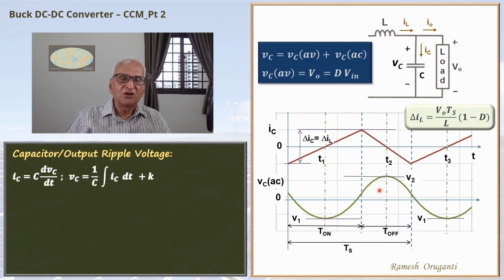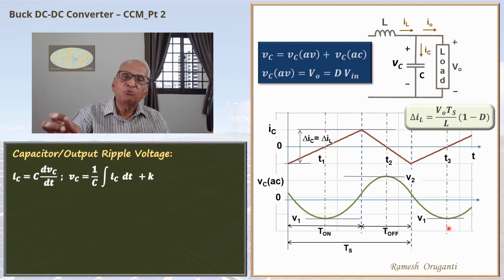At the end of the on period here, the IC current is maximum. Because IC is maximum, dVc by dt, the slope, will be maximum. So here, capacitor voltage slope will be maximum. Between T2 and T3, a similar thing happens. Between T2 and T3, the capacitor current is always negative. The charge is always going out of the capacitor and the voltage will continuously fall because dVc by dt is negative.